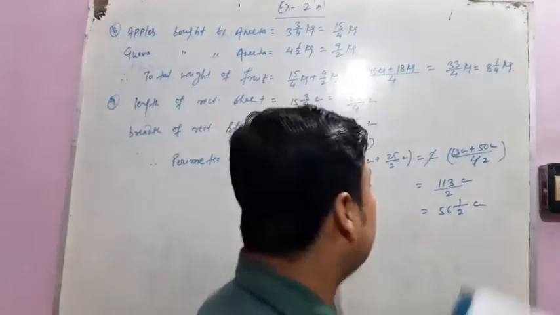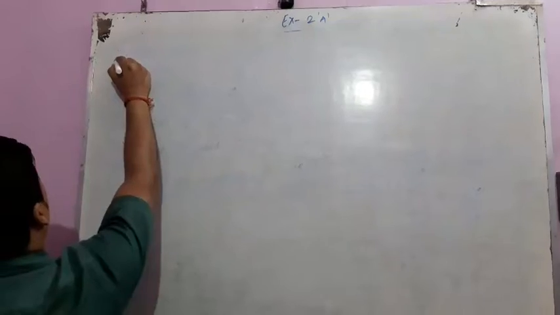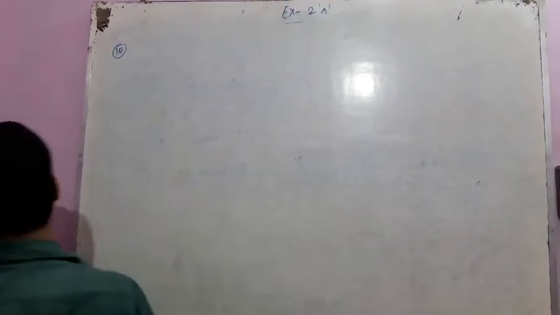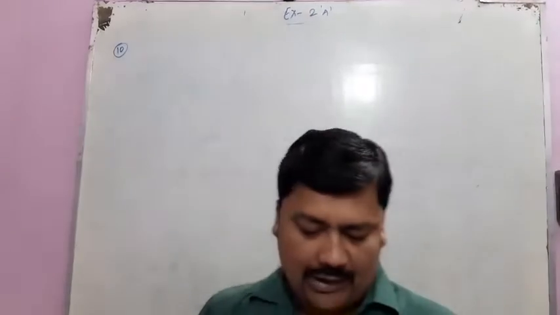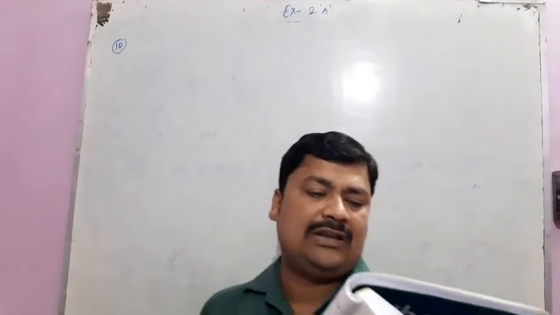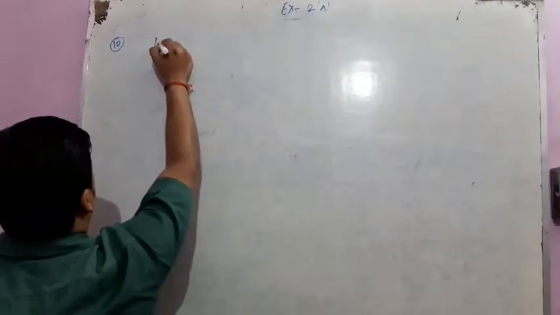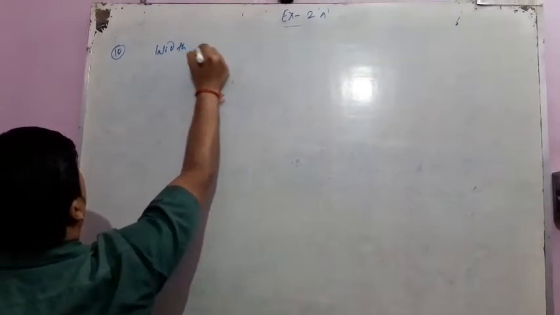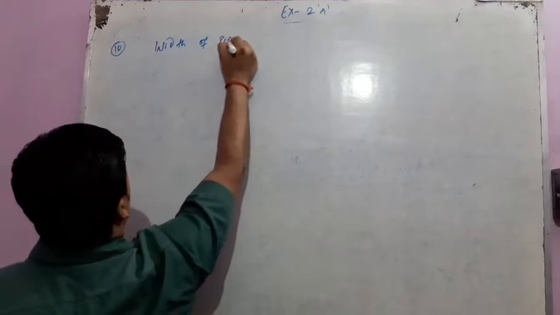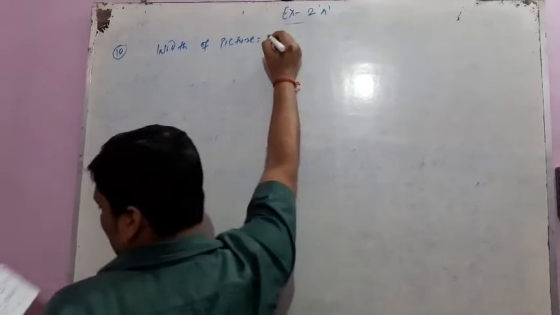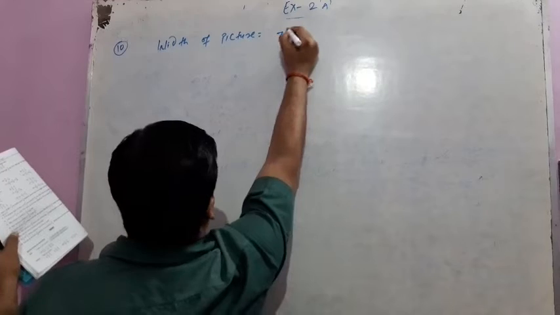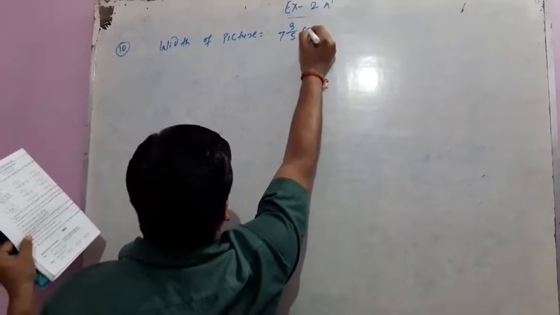In question number 10, a picture is 7 whole 3 by 5 centimeter wide. Width of picture, 7 whole 3 by 5 centimeter.